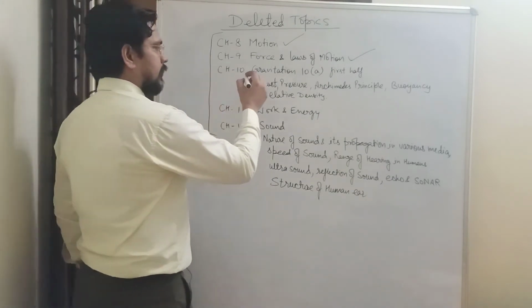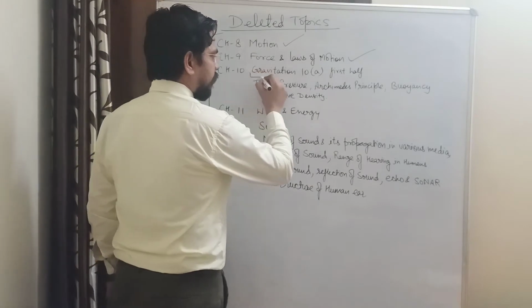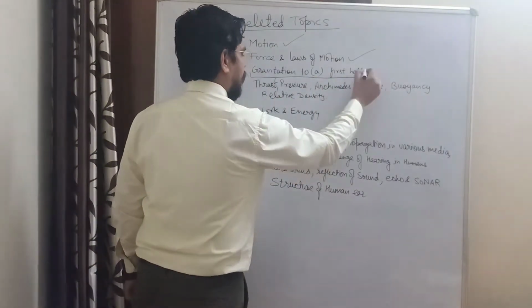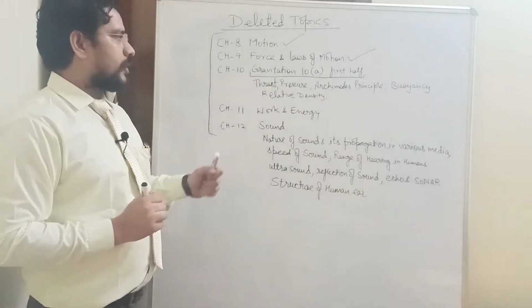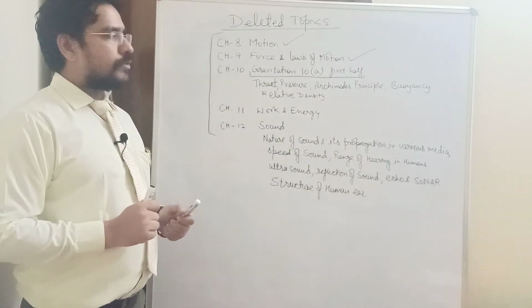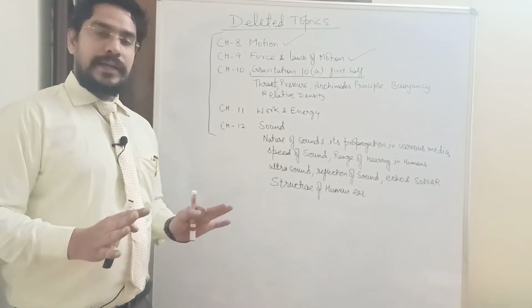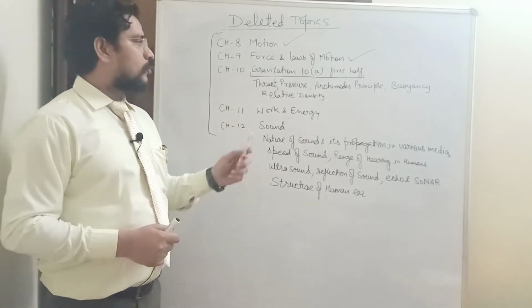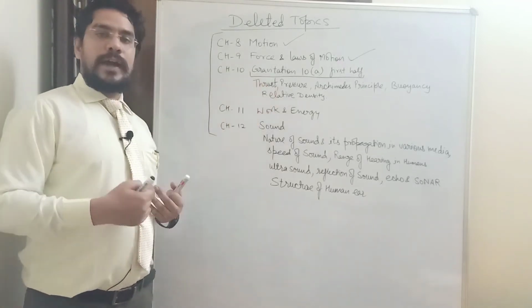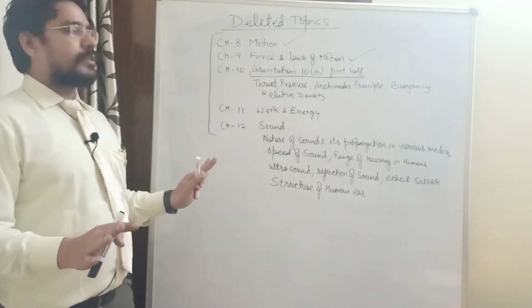In chapter 10, the first half of gravitation, in which we discussed Newton's law of gravitation, free fall and equations of motion, no syllabus is cut. We got lucky, as the topics which we have covered have not been cut from the syllabus.